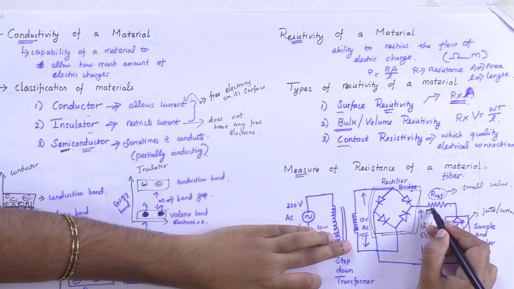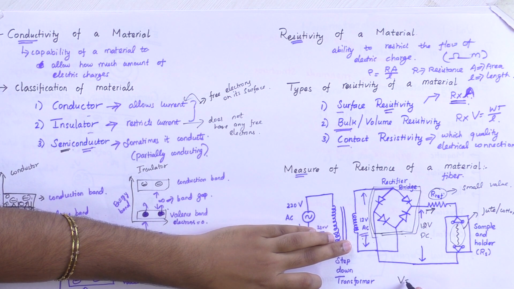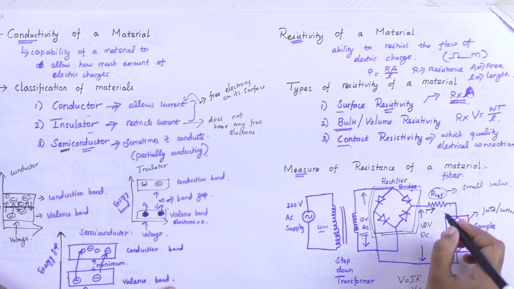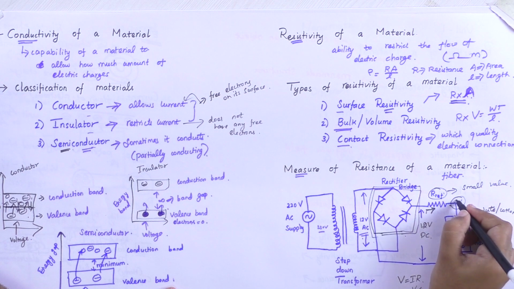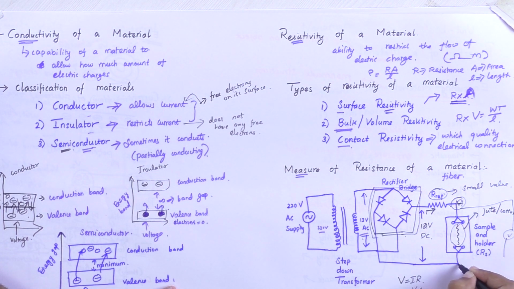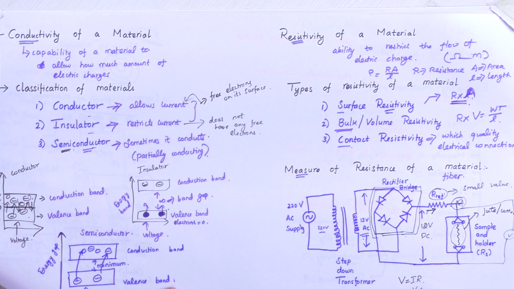With the help of Ohm's law, V equal to IR, by keeping an ammeter and voltmeter, we can measure the resistance of the material. If we know the surface area and length of the material, we can calculate the resistivity with the help of RA by L. This method is called the two probe method.